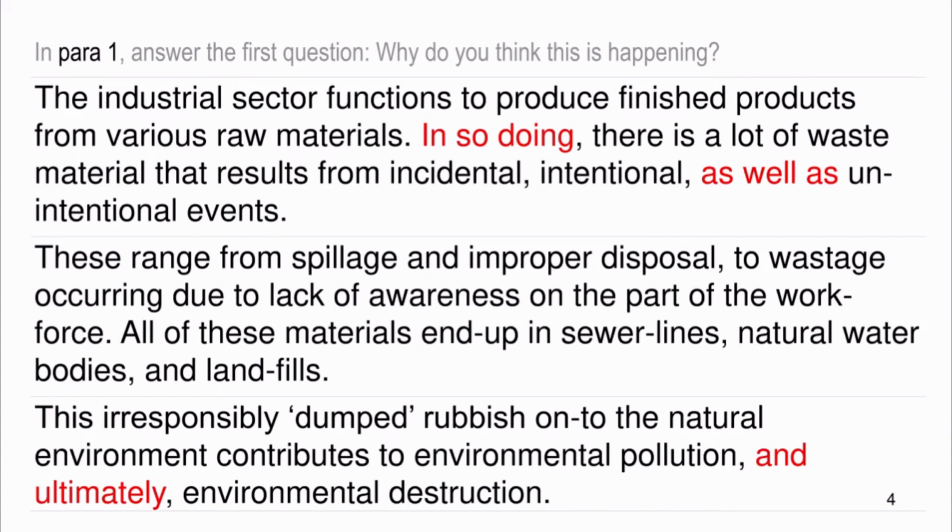These range from spillage and improper disposal to wastage occurring due to lack of awareness on the part of the workforce. All of these materials end up in sewer lines, natural water bodies, and landfills. This irresponsibly dumped rubbish onto the natural environment contributes to environmental pollution and ultimately environmental destruction.